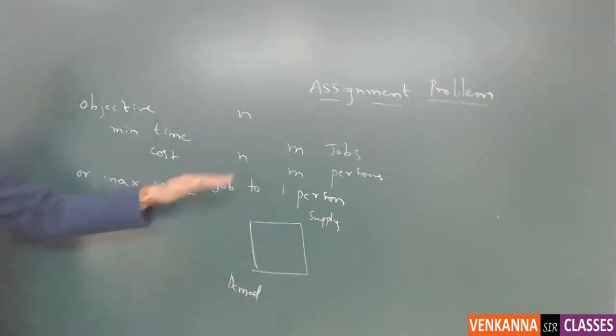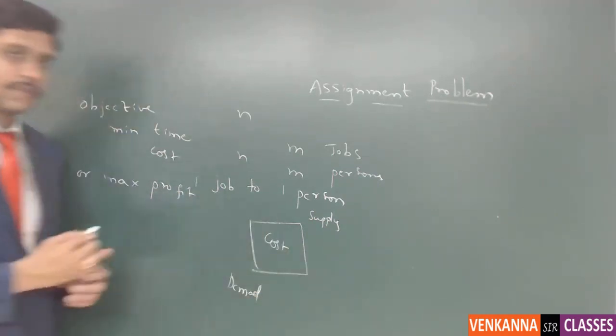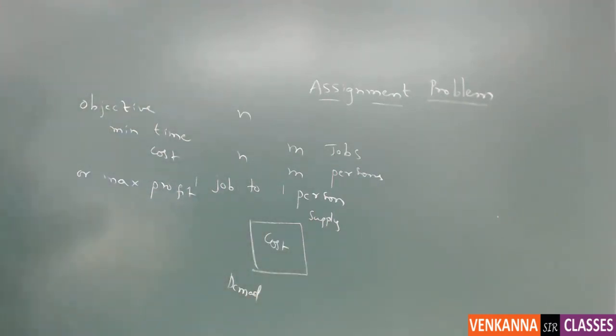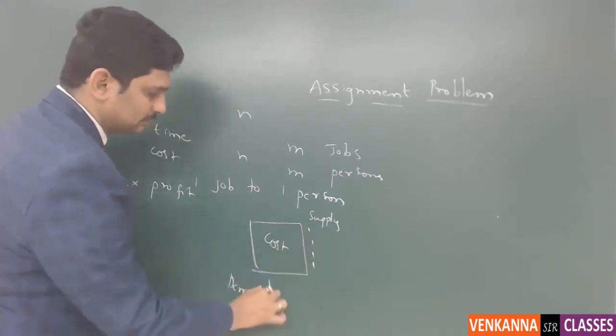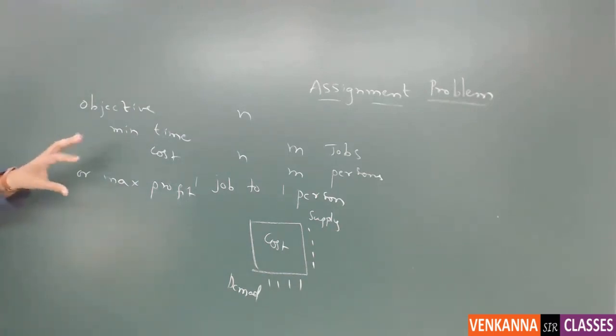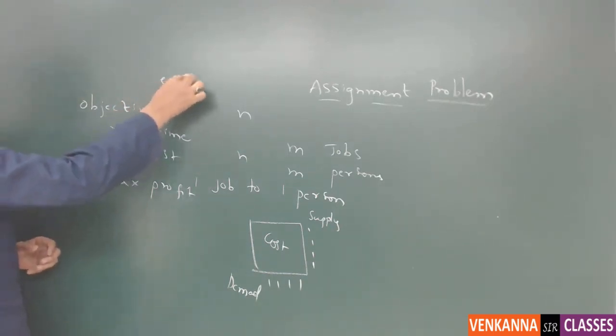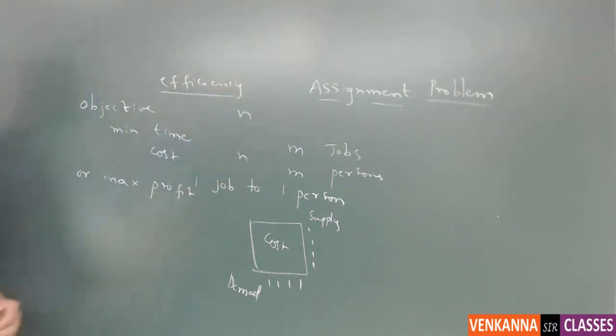In the assignment problem, the supply and demand are equal, so you are allocating the cells with regard to the efficiency of the person. That is the main difference between the transportation problem and the assignment problem.